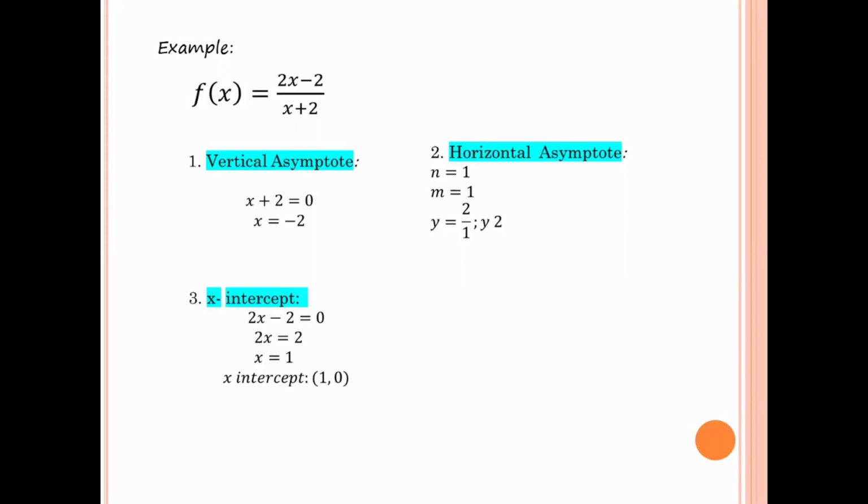X-intercept is (1, 0). Y-intercept, let x equal 0. Substitute the x by 0. So y equals 2 times 0 minus 2 over 0 plus 2. Y equals negative 1. So the y-intercept is (0, negative 1).